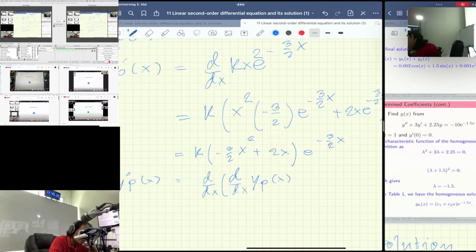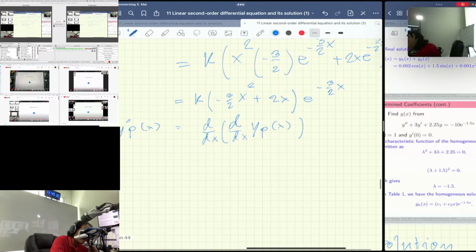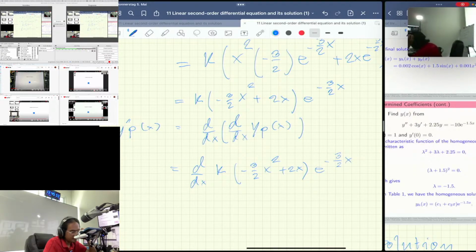So we have to differentiate it one more time with respect to x, of this one: k, negative 3 by 2 x squared plus 2x, and exponential negative 3 by 2x.